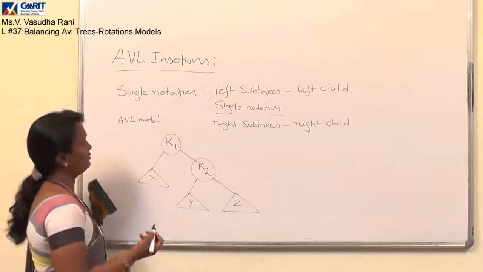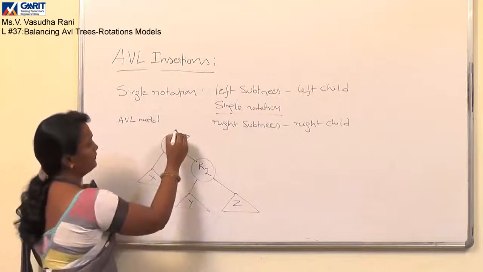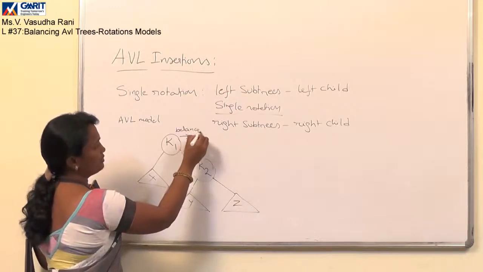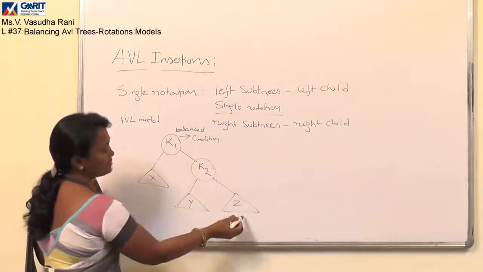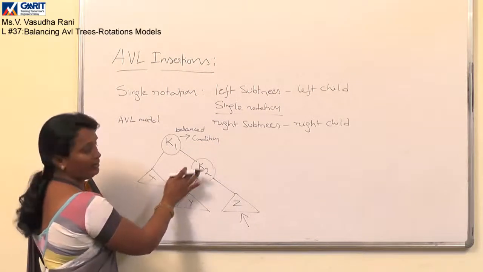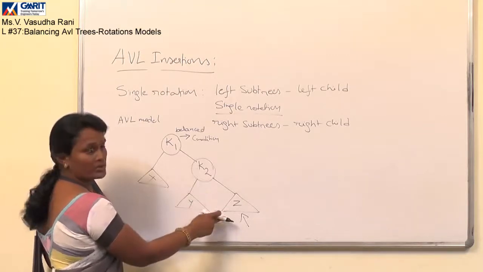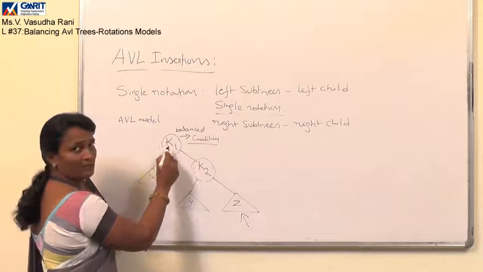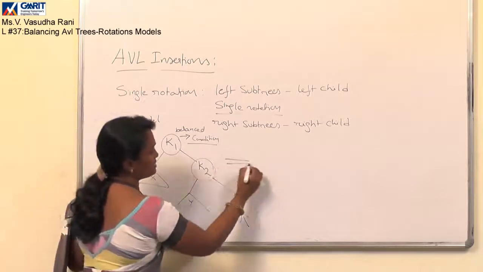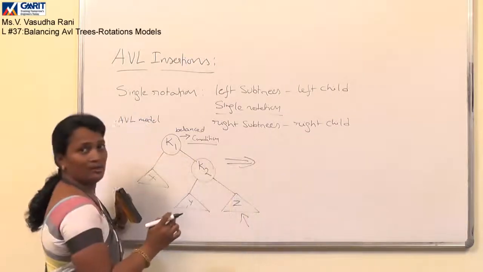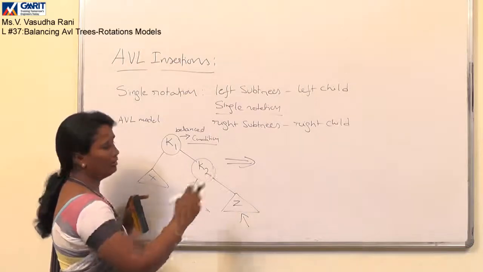If this is the case, and if you assume here at K1 it is failing the balanced condition, a new node is inserted as the right subtree's right child, and because of that insertion, here at this node K1 the balanced condition has failed. So for this case, as it is right subtree, right child, we have to go for single rotation to convert this non-AVL into an AVL tree.